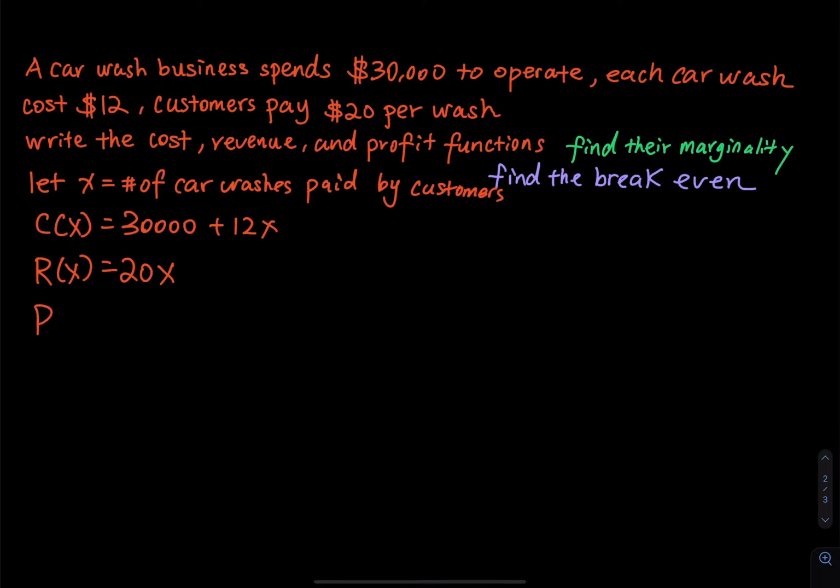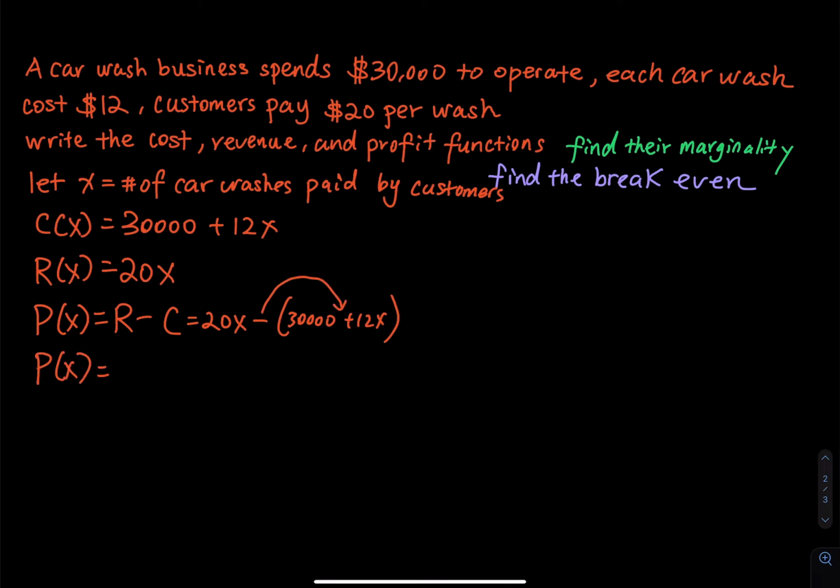Therefore, the profit function is equal to revenue minus cost, which is 20x minus (30,000 plus 12x). The parenthesis is important because you will have to distribute your minus sign. So P of x equals 20 minus 12, that is 8x, minus $30,000. That is your profit.